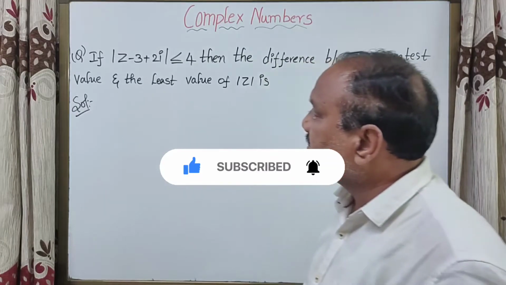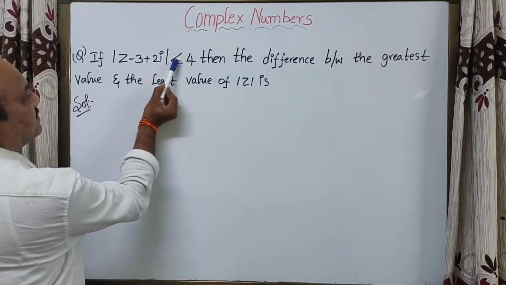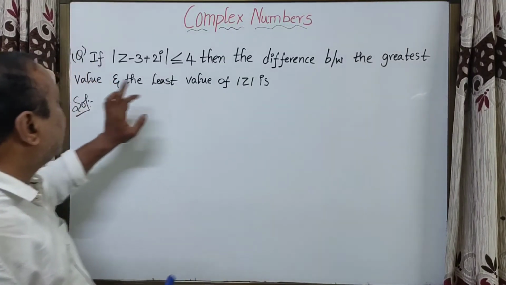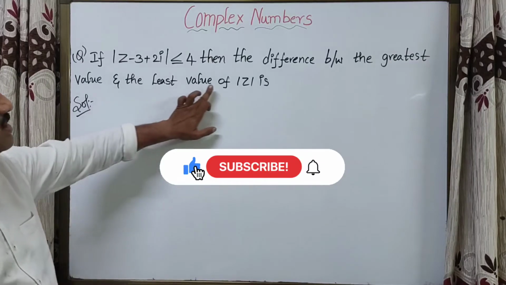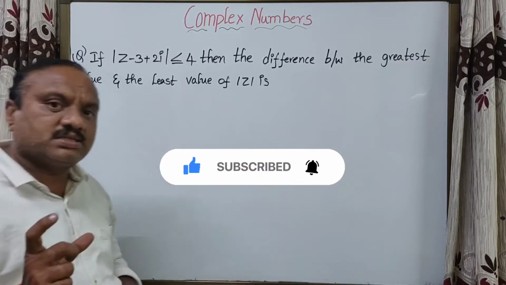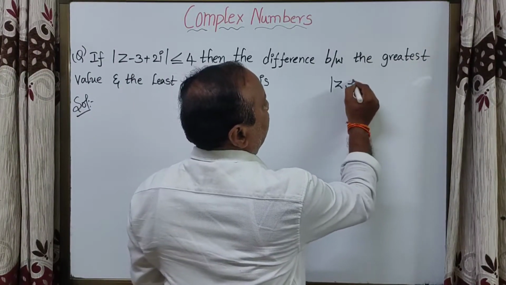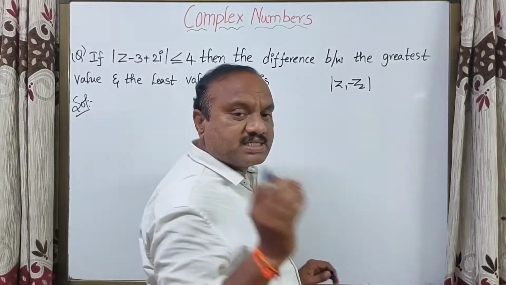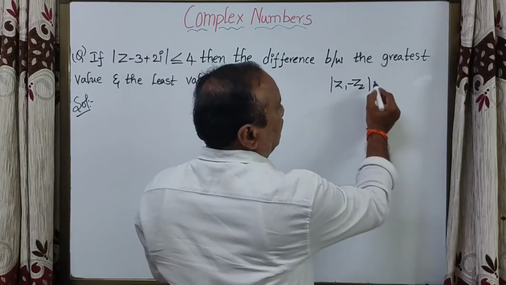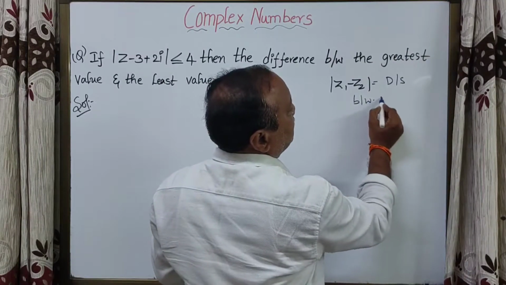See this question: if mod z minus 3 plus 2i is less than or equal to 4, then the difference between the greatest value and the least value of mod z is. Dear students, mod z1 minus z2 always represents the distance between the points z1 and z2.